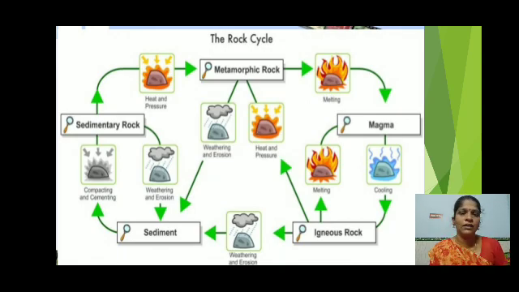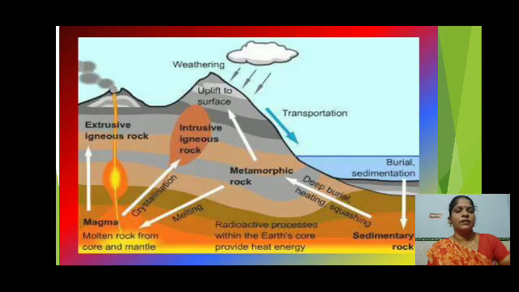Children, do you understand what metamorphic, igneous and sedimentary rocks are? Here also, intrusive rocks and extrusive rocks. Intrusive means the rocks are formed due to the pressure inside. Extrusive means the igneous rocks come outside because of the pressure.